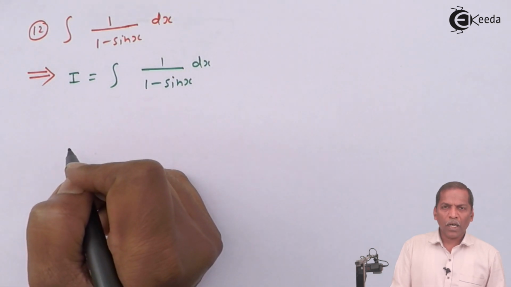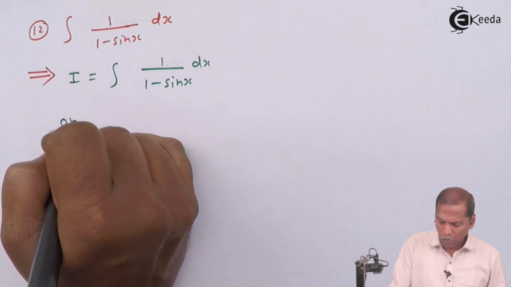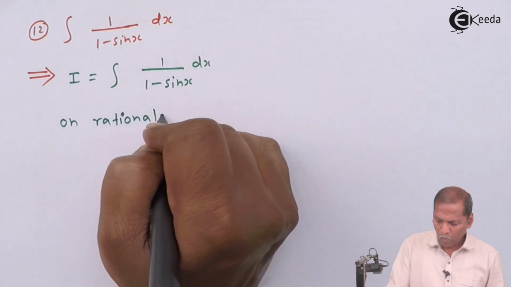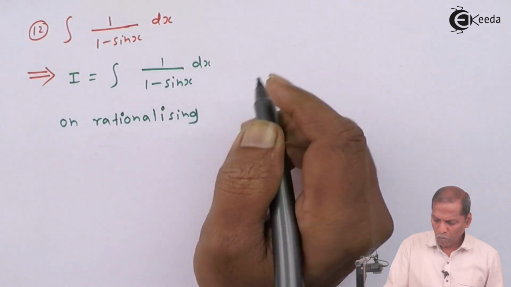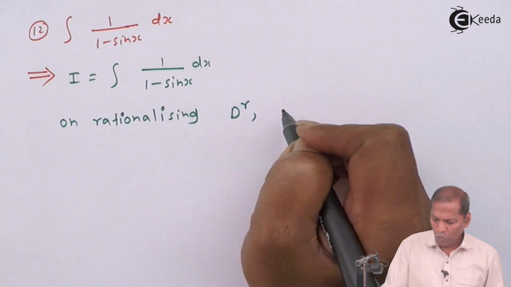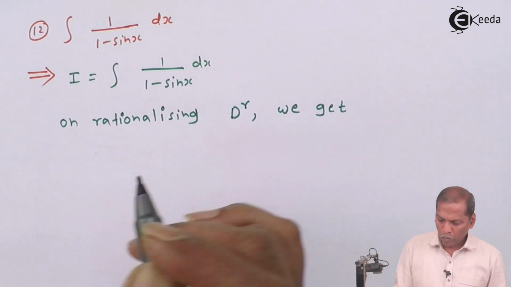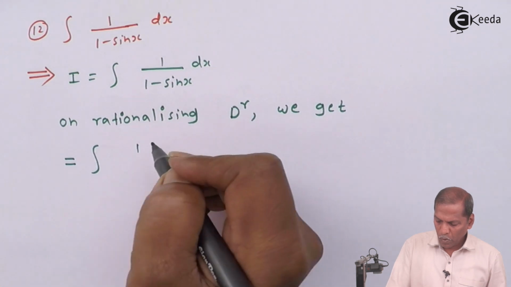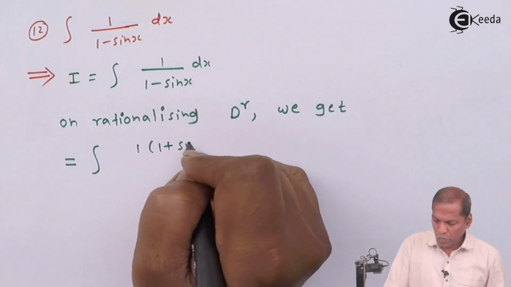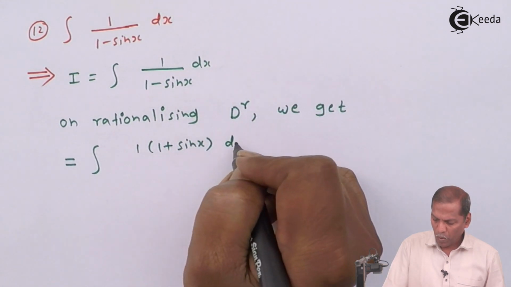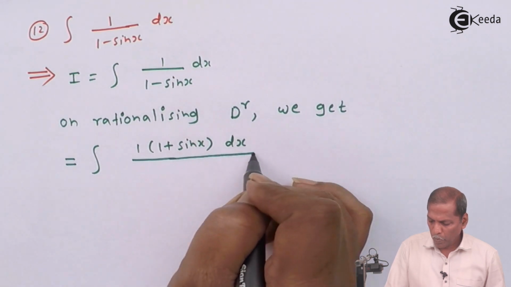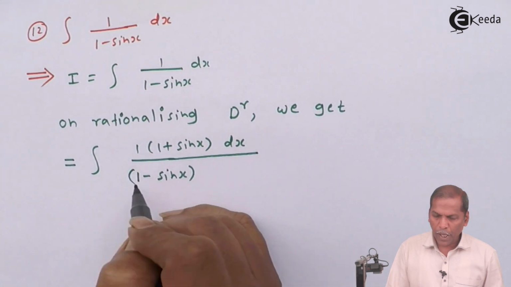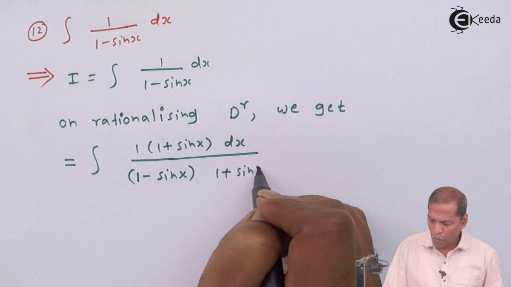Then on rationalizing the denominator, we get I is equal to the integral of 1 into 1 plus sin x into dx, the whole thing divided by 1 minus sin x into 1 plus sin x.